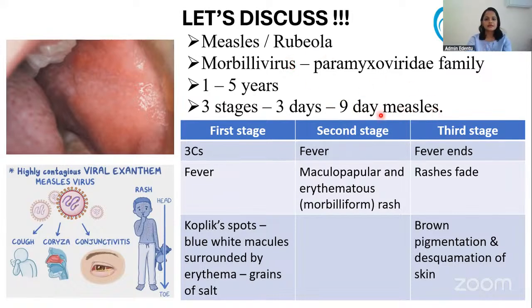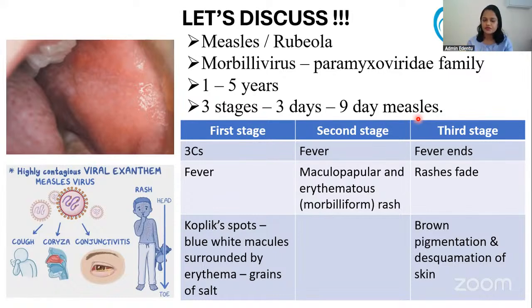Let's have a look at what those 3 stages are. In the first stage, you will be able to see 3 C's: cough, coryza, which means inflammation of the nose, and conjunctivitis. These are the initial symptoms seen in the initial stage of measles.